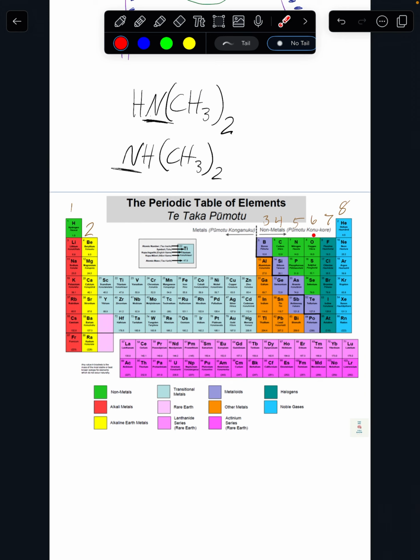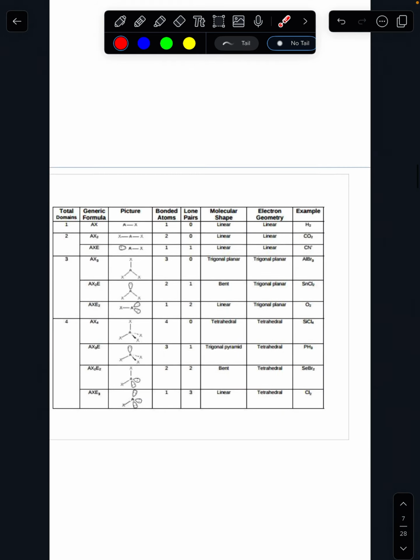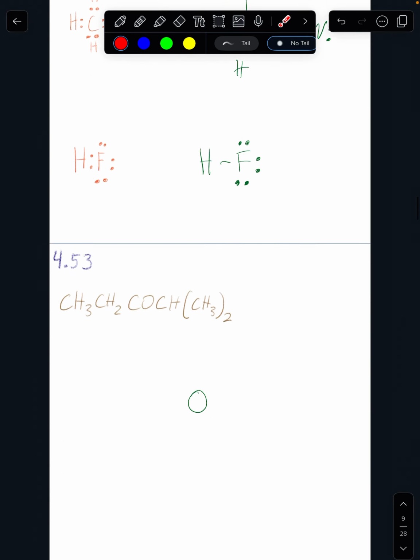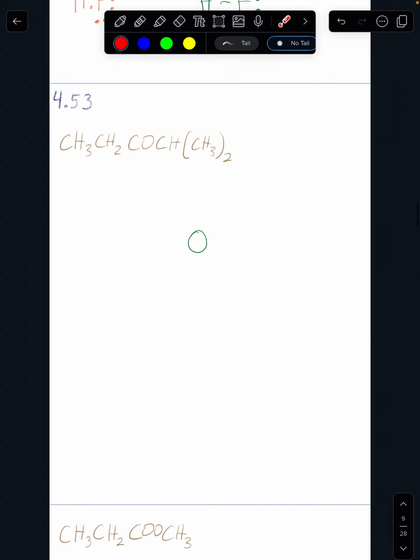So like here's oxygen, and it's going to have 6. Okay, oxygen is usually most happy when it has 2 lone pairs and then 2 bonds. Okay? So that's just common with oxygen, it's happy with those 2 sets of lone pairs and 2 bonds. Okay?